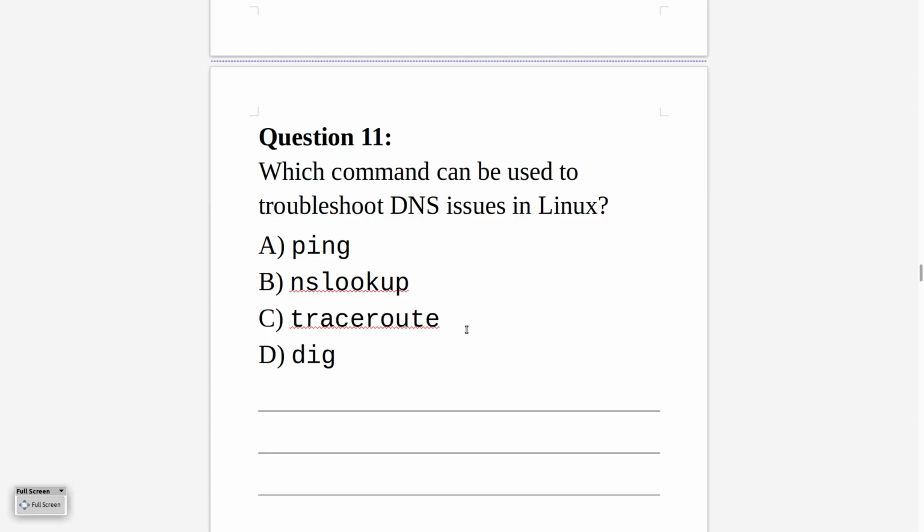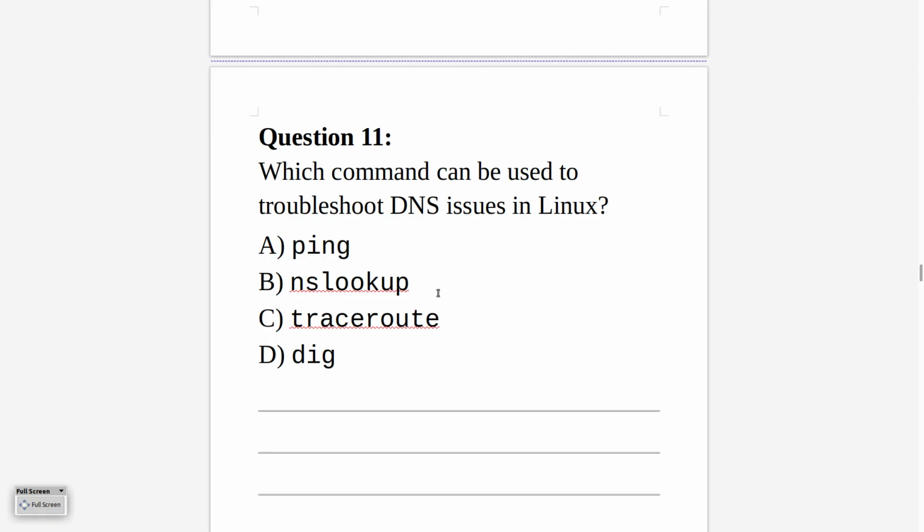It's not traceroute. That is to trace a path from you through to some other endpoint, and especially to zero in on where there might be latency or something like that. You're looking at the hops.